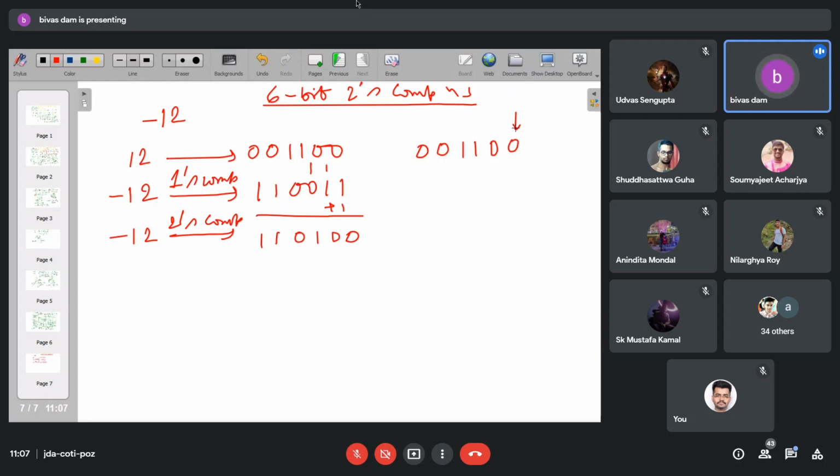Now copy up to the first one. When are you getting the first one? At this point. You are scanning starting from the least significant bit, where you get the first one at this point. So you have to copy up to that. Then complement all other bits.